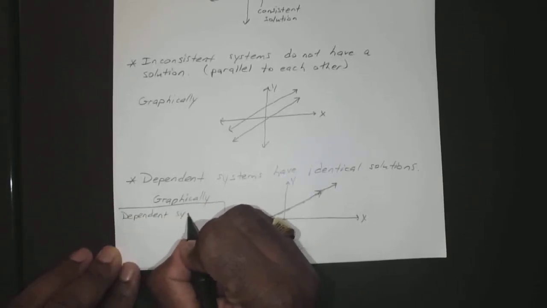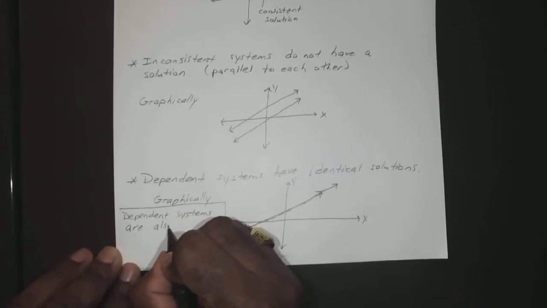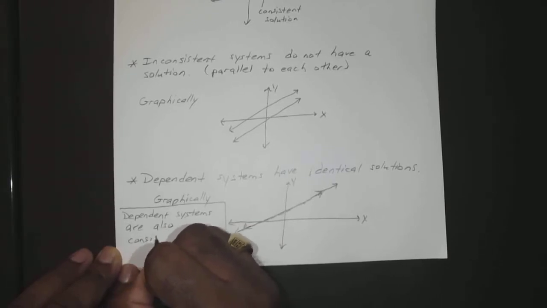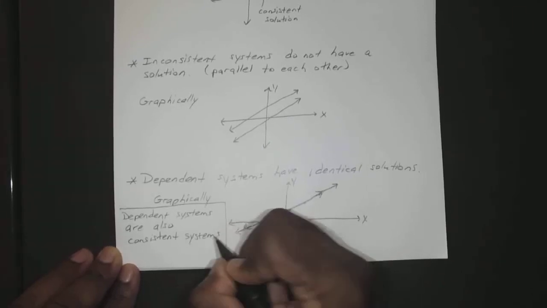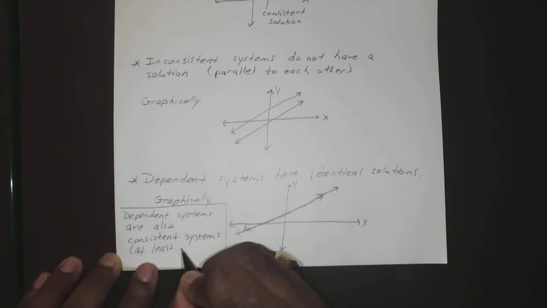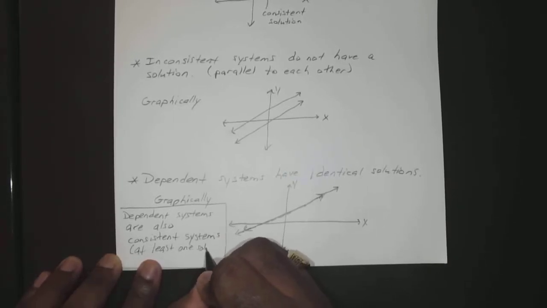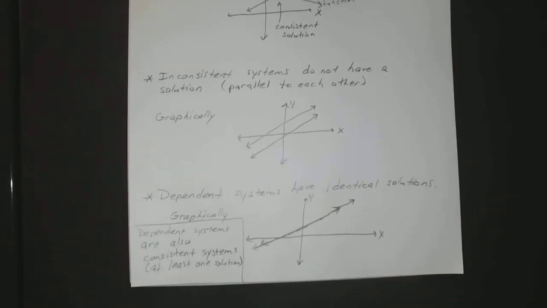Dependent systems are also consistent systems. Remember, that's because it has at least one solution. Okay, so any questions on that one?